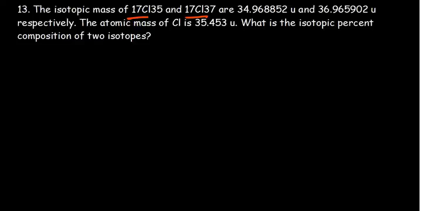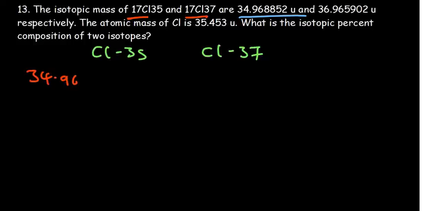The key idea here is we've got chlorine 35 and chlorine 37. If we know the percentage of one, we'll be able to find the percentage of the other. So I'll just go direct. For chlorine 35, the 35 was just a rounded figure, so the actual value is 34.968852.